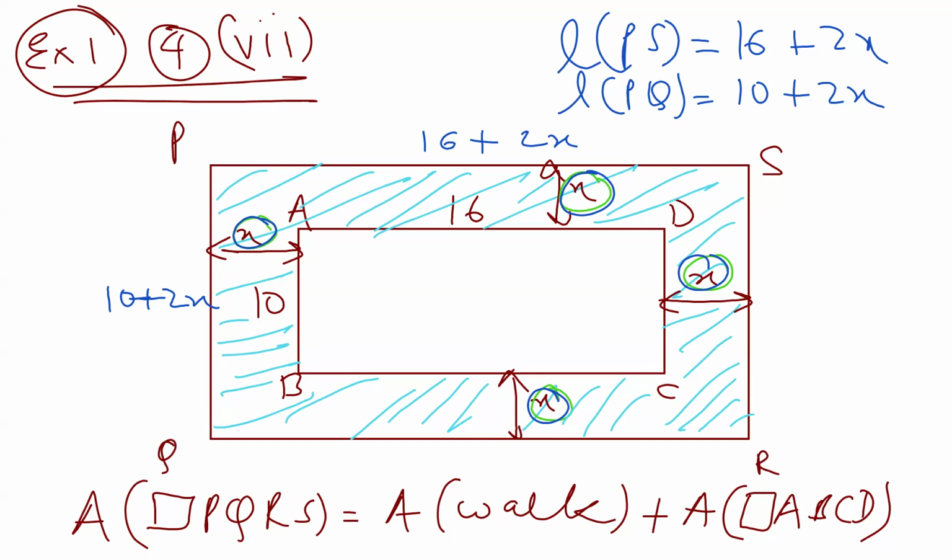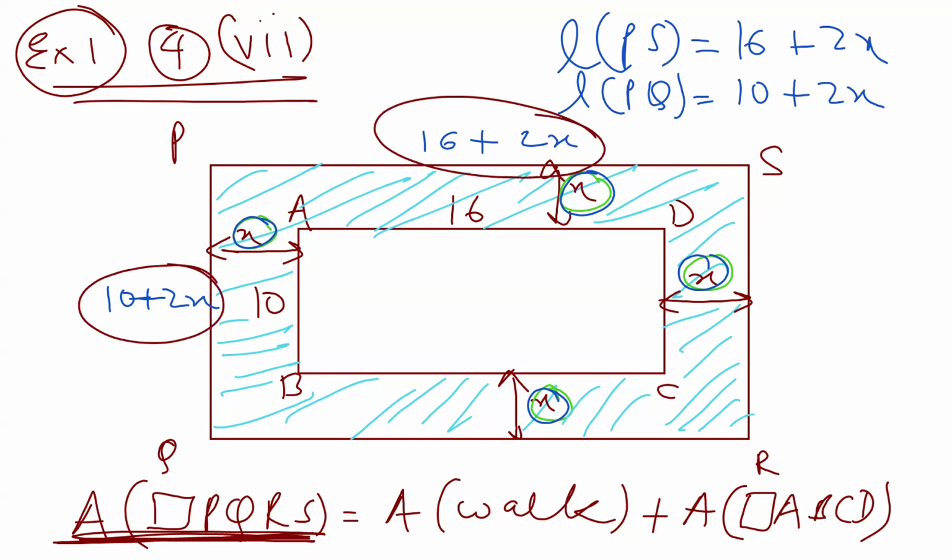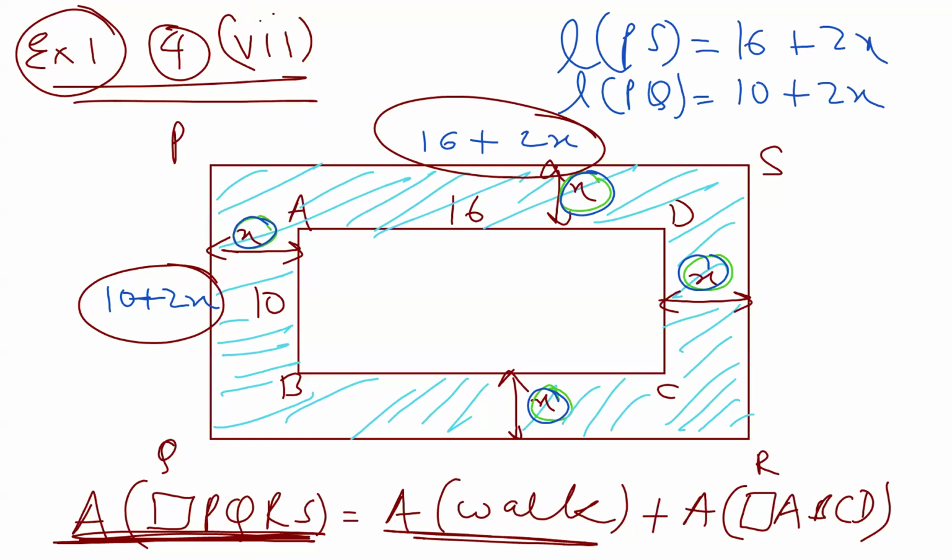Now, area of rectangle PQRS, length into breadth, is 10 plus 2x into 16 plus 2x, equal to area of the walk.